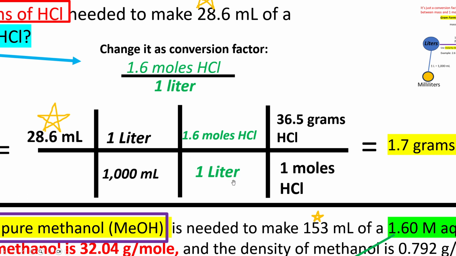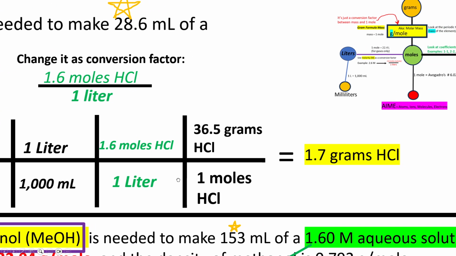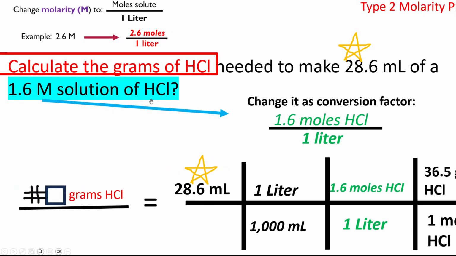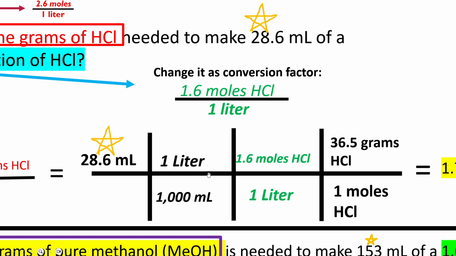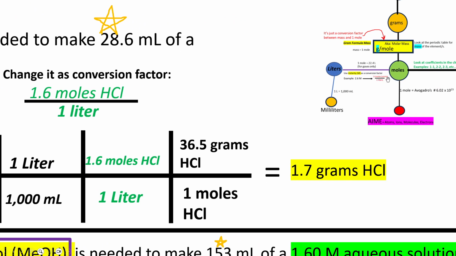So liter and liter, okay? Now I get to use the conversion factor that I created a few minutes ago, which is this right here. So liters, liter, 1 liter for every 1.6 moles of hydrochloride. And guess what? You can also find it here in your stoichiometry path when you're going from liters to moles, because it's telling you to convert molarity to a conversion factor.